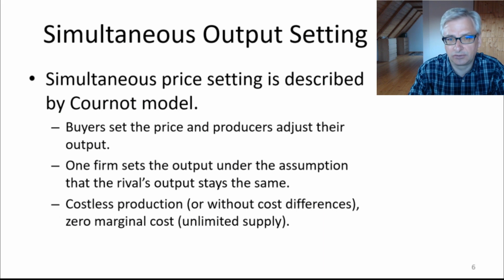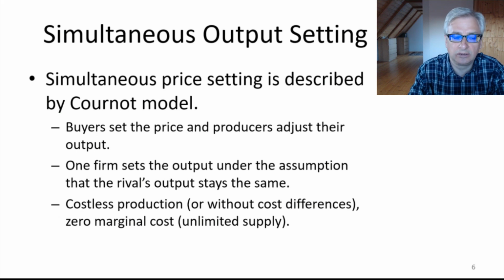Costless production seems to be very unrealistic. Zero marginal cost and unlimited supply seems to be very unrealistic as well. In fact, that was a certain limitation of the Cournot model. Nowadays, we know how to cope with this assumption.